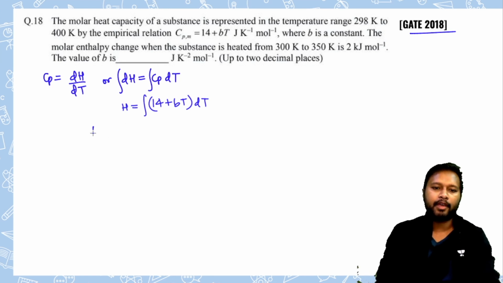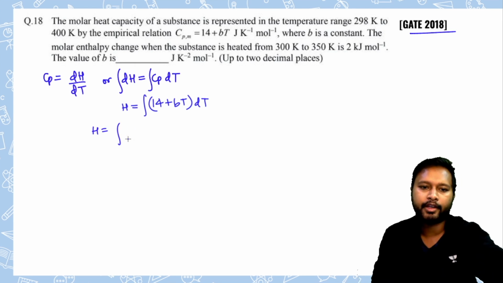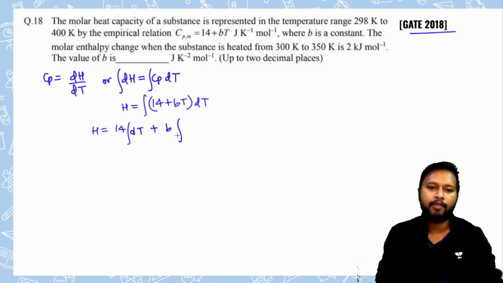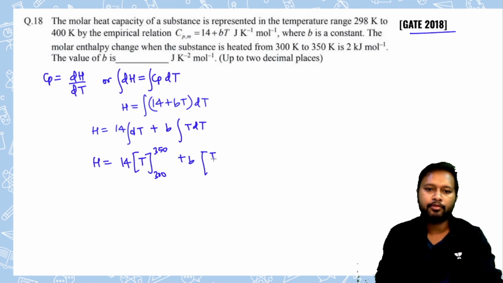So H equals integration of 14 dt. 14 is a constant, I can take it outside, and integration of dt is T, so 14 into T, and since we have the limit from 300 to 350, plus B, which you can take outside because it's a constant, integration of T dt, which is T square upon 2, with the limit from 300 to 350.